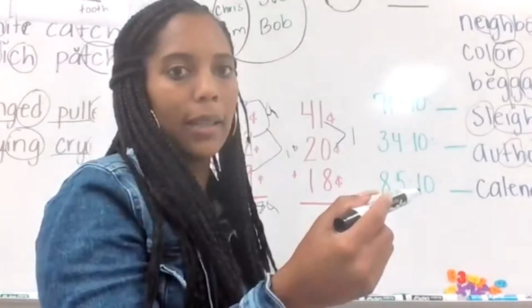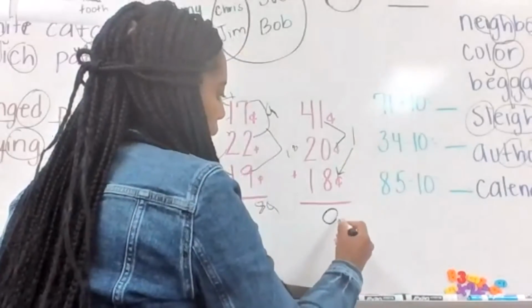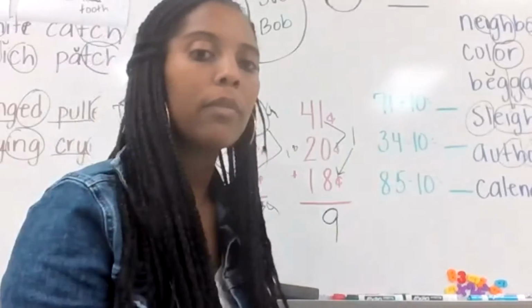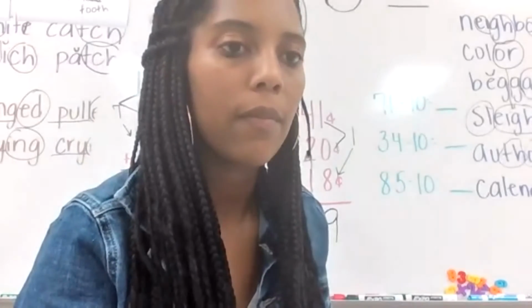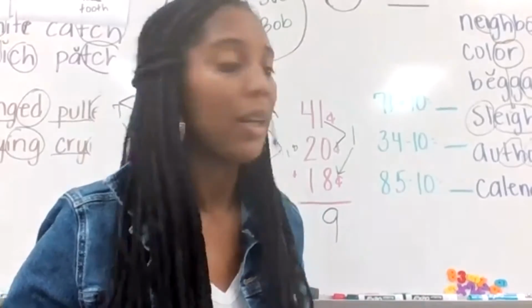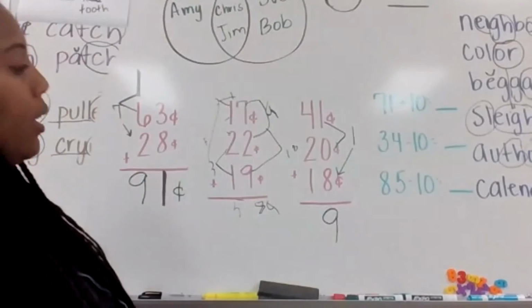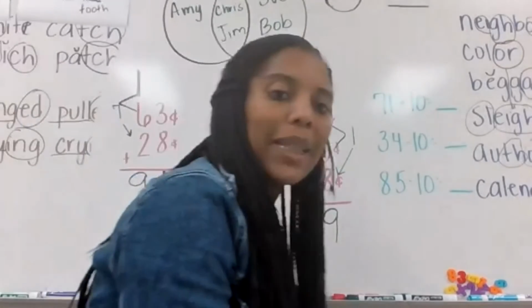So then 1 plus 8? 9. Okay. Do I need to carry over? No. Remember, if your answer is higher than 9, you will carry over. No carryover. So that means this one should have been easy to add.